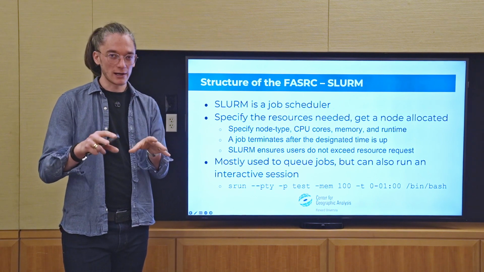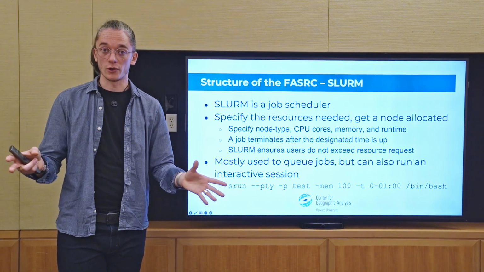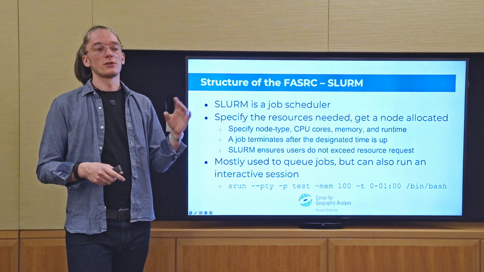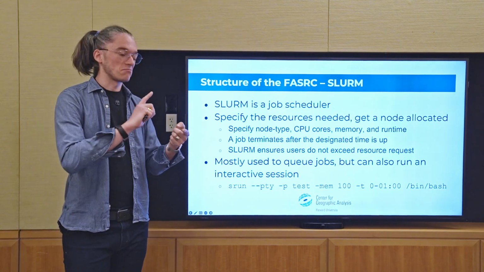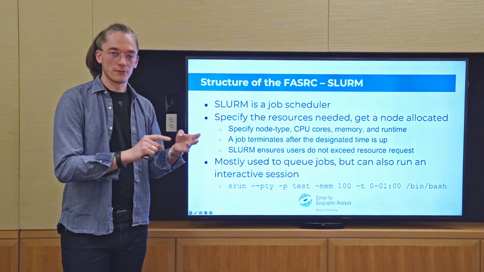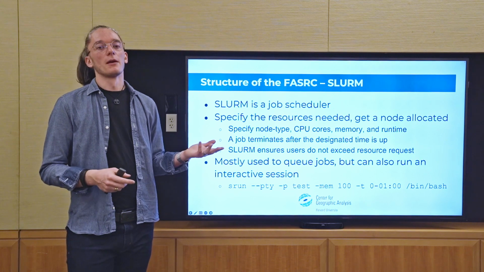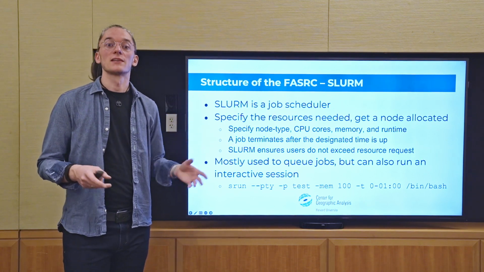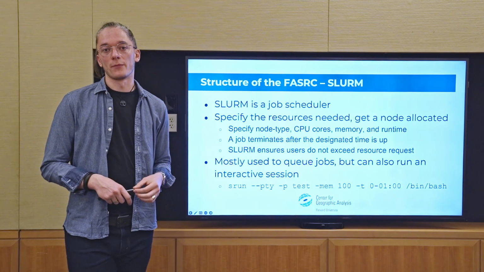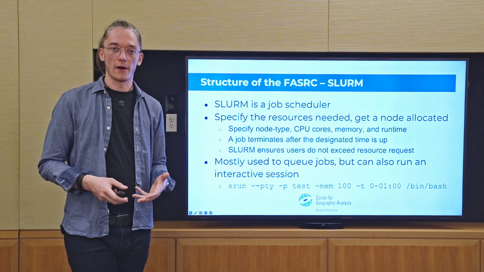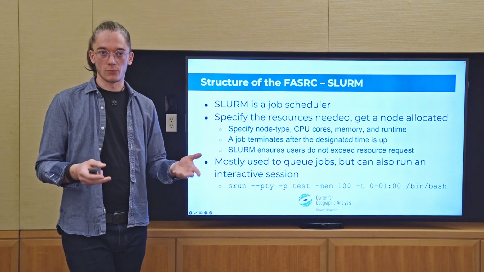That basically means you write a little program, like a batch script, and then you tell Slurm, hey, I need this amount of CPU power, this amount of memory, and probably this amount of time, and here is my script, please execute this once you get there. And as soon as possible, Slurm will allocate a resource in the network for your script there, and will make sure that it will be run.